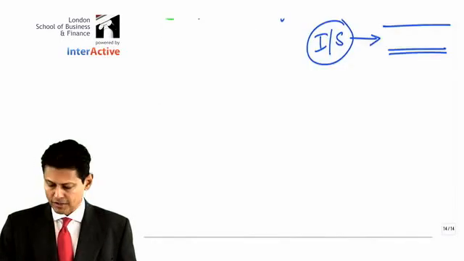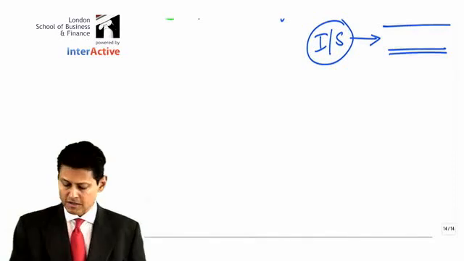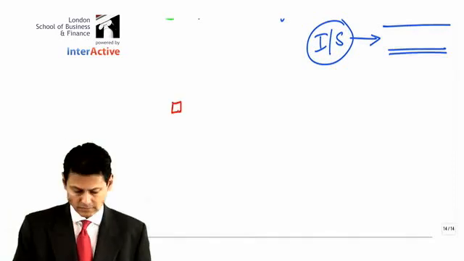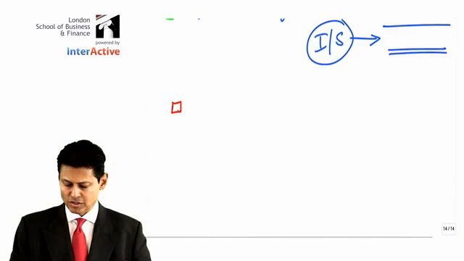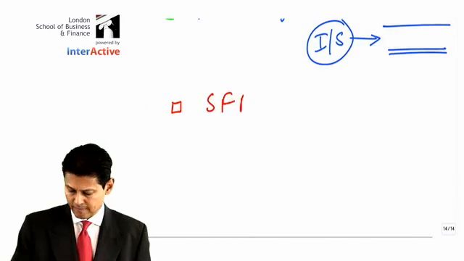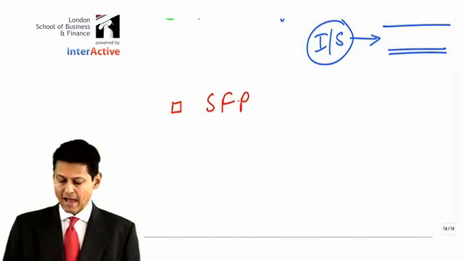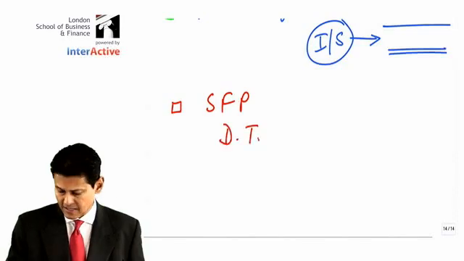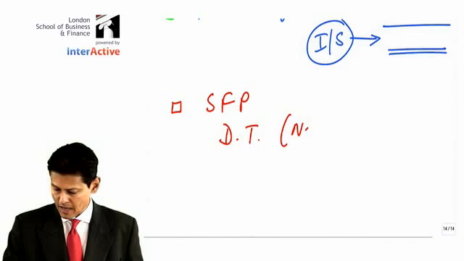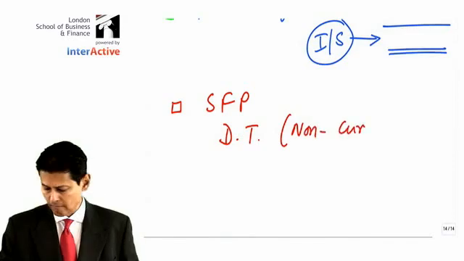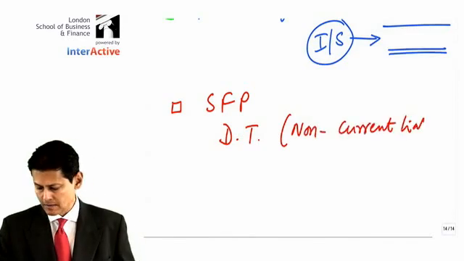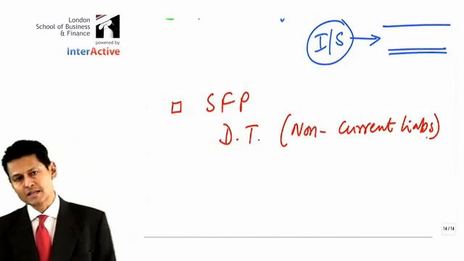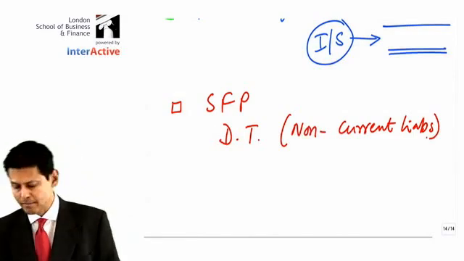Let's march on then to the next pocket of marks, the Statement of Financial Position, SFP, as at the year end, and under that you have your deferred tax, which is shown under non-current liabilities.